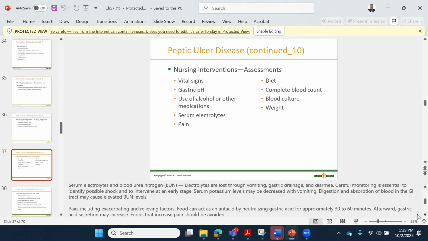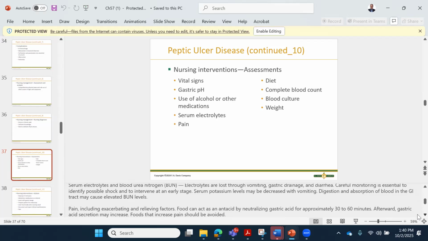But BUN can be impacted by other things other than kidney dysfunction, and that is why BUN is a lab to look at for kidney dysfunction, but BUN can be impacted by other conditions, including gastrointestinal bleeding.